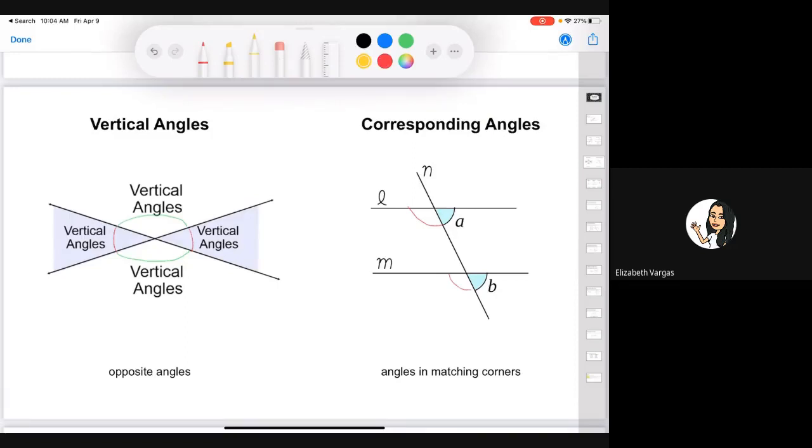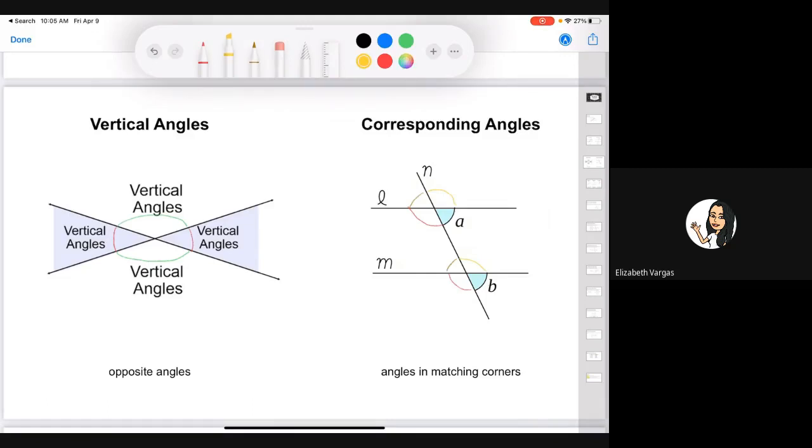So here we have pairs of vertical angles, pairs of corresponding angles. This angle and this angle are matching corners, so those are corresponding angles. And lastly, this angle and this angle are on matching corners, so those are corresponding angles.